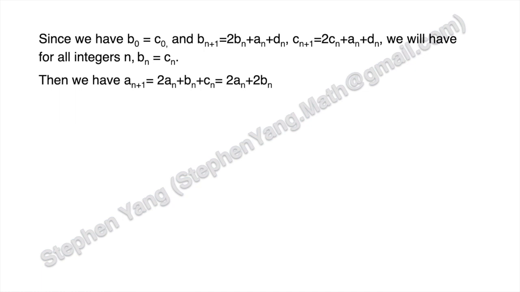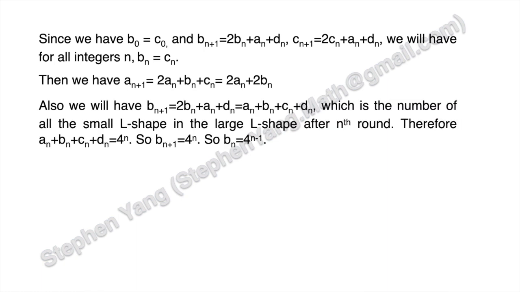So then we have a_(n+1) equals 2a_n plus b_n plus c_n, which equals 2a_n plus 2b_n. And also we will have b_(n+1) equals 2b_n plus a_n plus d_n, which equals a_n plus b_n plus c_n plus d_n.